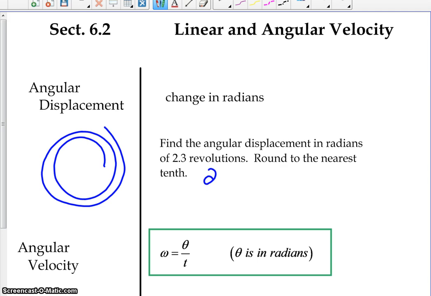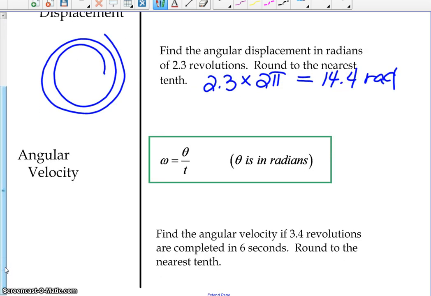Same concept. We're going to take 2.3 and multiply it by the 2 pi radians that are in a circle. So our answer here is 2.3 times 2 pi, and it turns out to be 14.4 radians. I just took 2.3 times 2 times 3.14. So we always use 3.14. That's what's called our displacement, how far we went in radians.